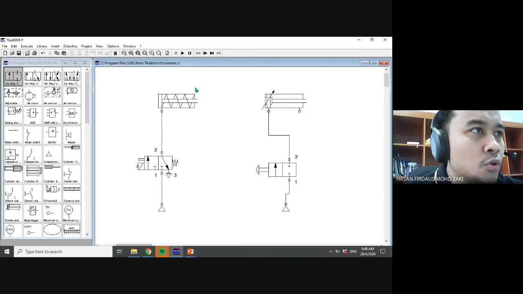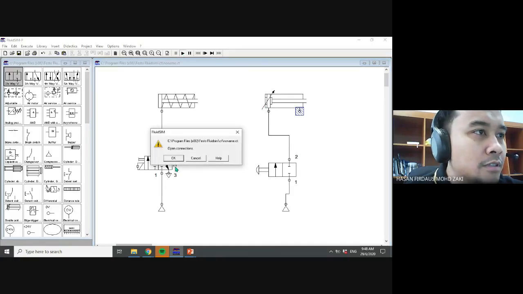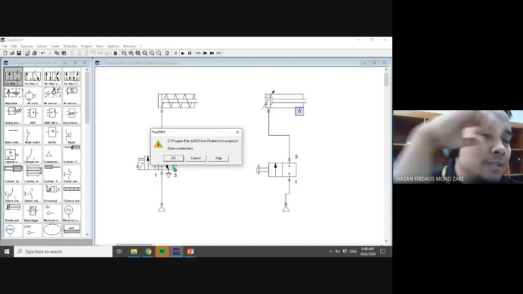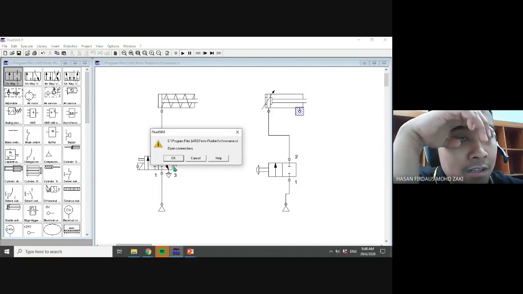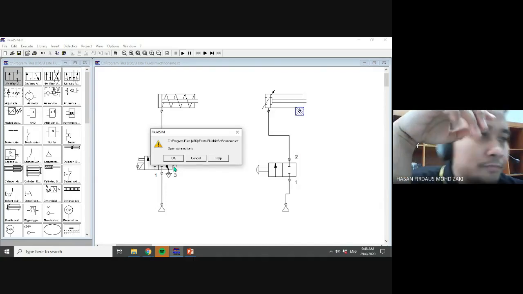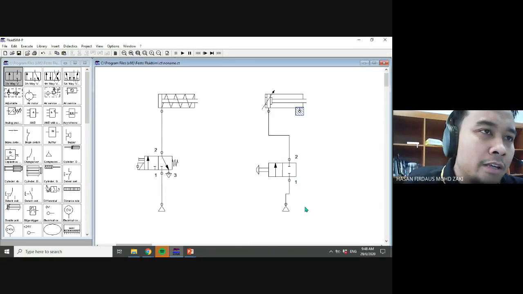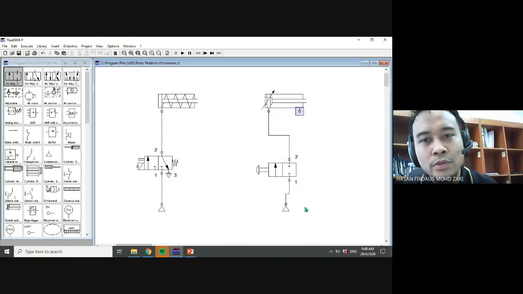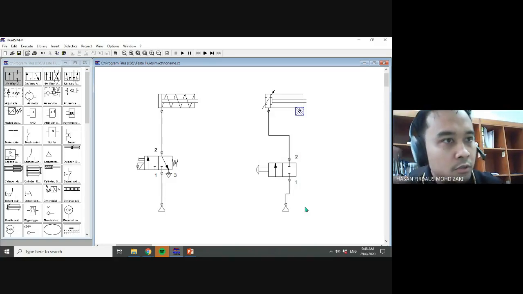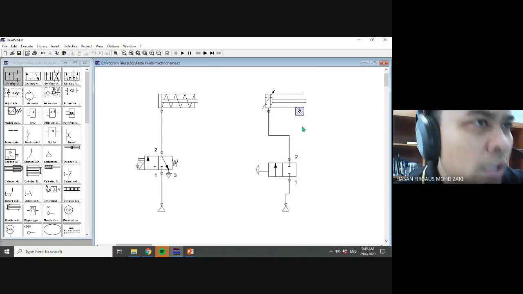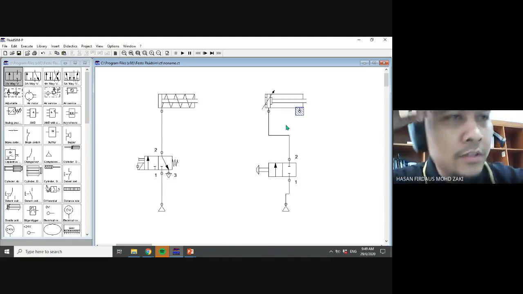Let's simulate this. Open connection. In our simulator, it will say that this is not possible. It will create an error. But in real application, it can always be done. You can test it in your lab as well, lab 2.